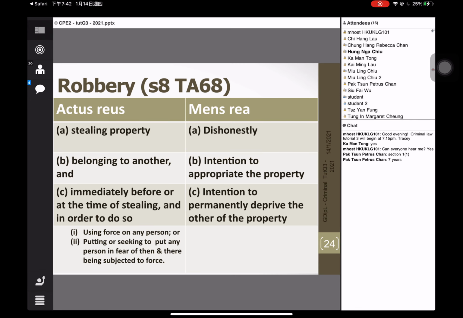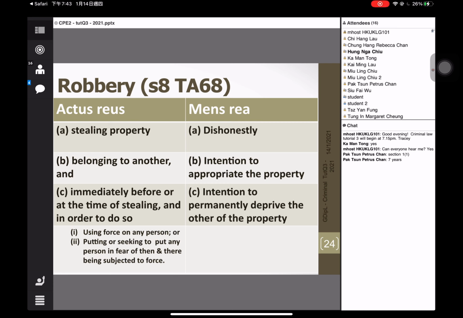So looking at robbery itself, we can see in the diagram that there needs to be stealing as a prerequisite of property belonging to another, and immediately before or at the same time as the stealing, the appropriation of the property belonging to another, and in order to steal.